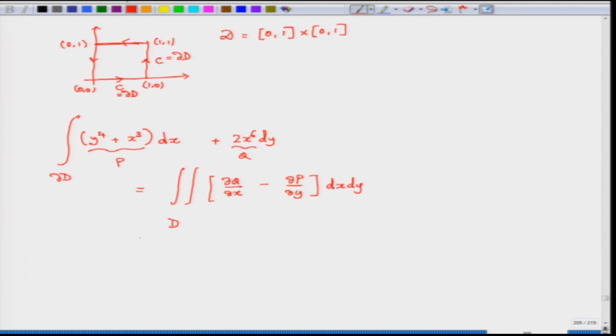So what is my del q del x? It is 12 x to the 5, minus del p del y, that is 4 y cube, dx dy. Here x is varying from 0 to 1, y is varying from 0 to 1. So that makes life much simpler.